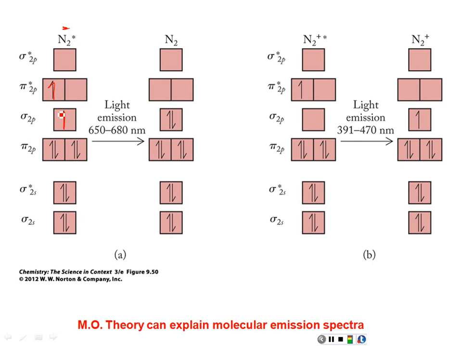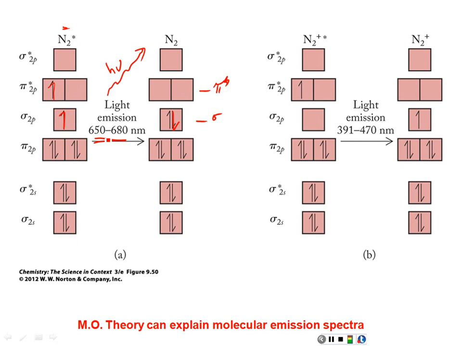When that excited electron relaxes back down, you get an emission of light that corresponds to the energy difference between those two states, the pi star to the sigma. In the case of N2, it would be between 650 and 680 nanometers.